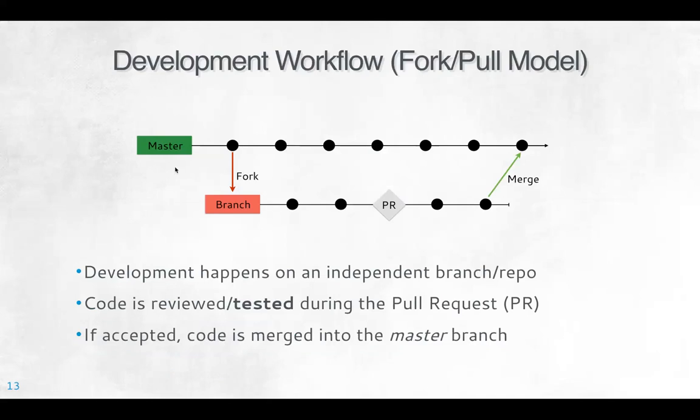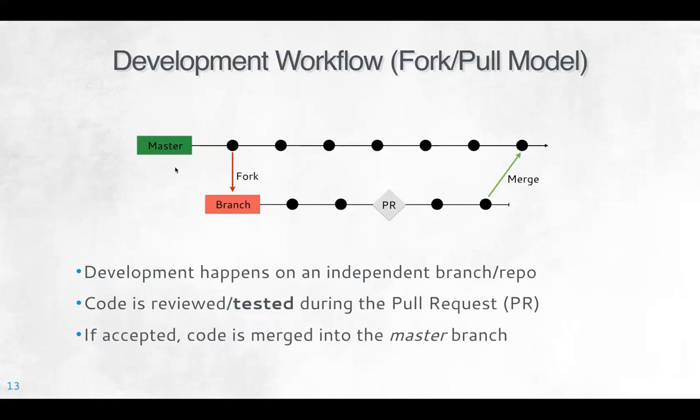And then within the pull request, there's going to be debate. Do the tests pass? Is the code quality good? Is it formatted correctly? Is it a feature that's really needed? And then if it is accepted, it will be merged back into the master branch. So key features, right? The development happens on an independent branch and repository.